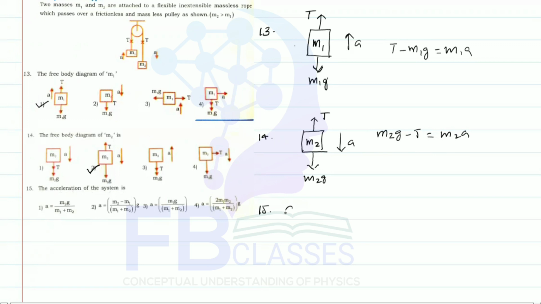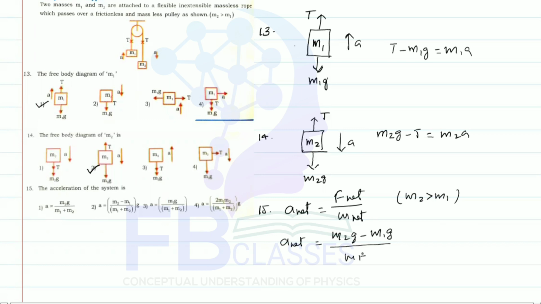Now the 15th question, see here we have to find out the acceleration. So the acceleration equation we have to find out. First, acceleration we know that A net is equal to F net upon M net, right? So F net is equal to how much? M2G. Here the condition given is M2 is greater than M1, right? So in the above diagram, A net, F net is how much, my dear? M2 minus M1 into G, otherwise M2G minus M1G upon M net, which is M1 plus M2, right?